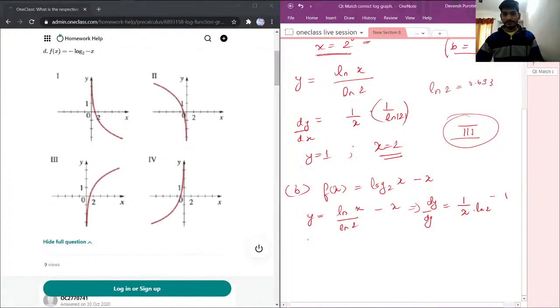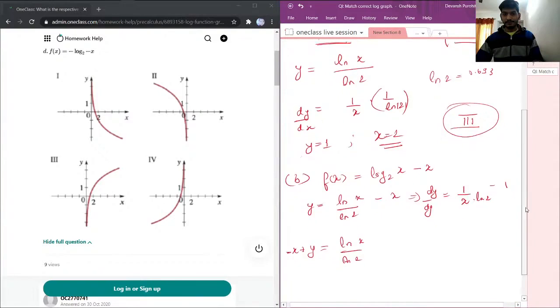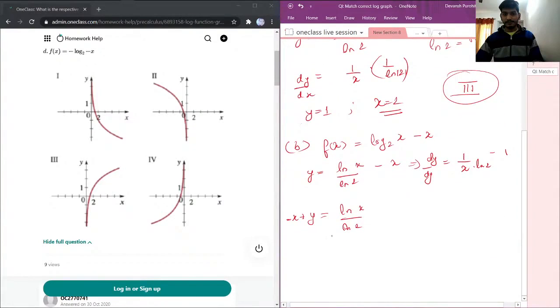But I'll do one more thing: I'll put the value of y as 1. For this we need to take the anti-log. So y was ln of x over ln of 2 minus x, and instead of going with that, I'll just use this equation.